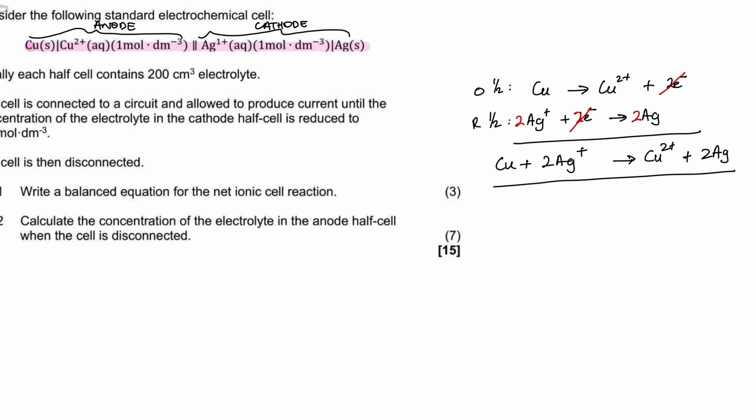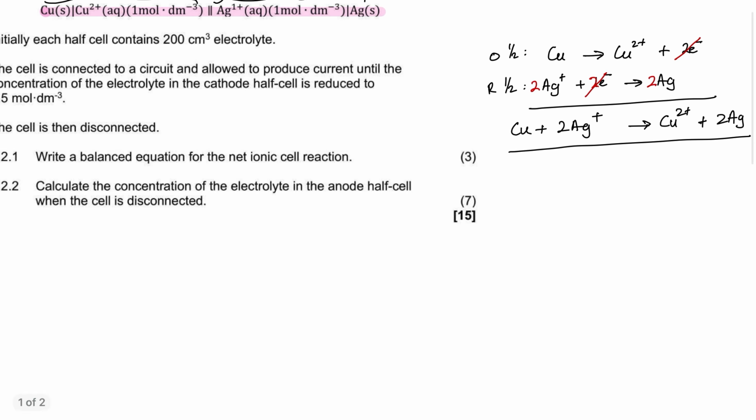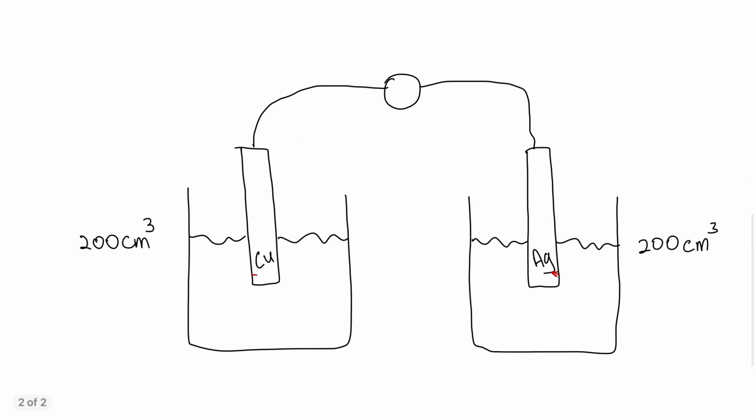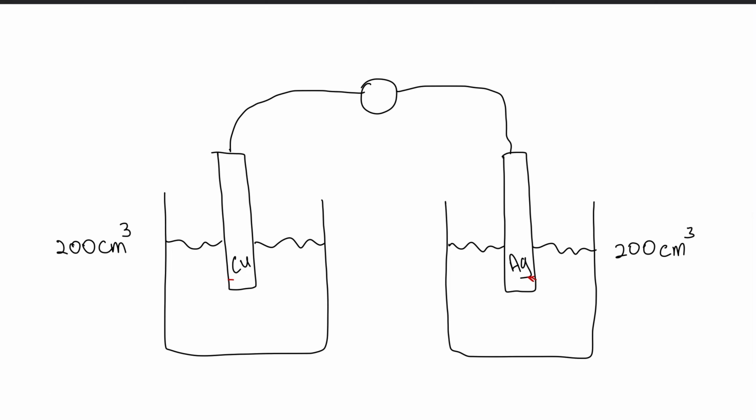And that's our answer. The next question reads, calculate the concentration of the electrolyte in the anode half cell when the cell is disconnected. Now let's take a look at what's going on. Here is a simple diagram to represent our galvanic cell. On the left-hand side, we have a copper half cell.